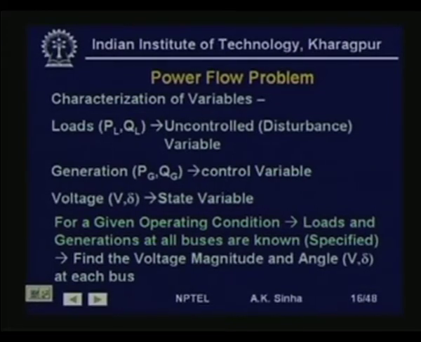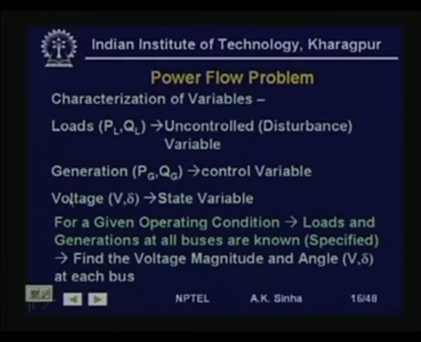So, the power system operator has no control on the consumers, they can switch on or switch off their loads as they feel like. So, these are uncontrolled or disturbance variables. Generation is of course in the hand of the power system operator, he can control the generation at various generating stations. So, generation Pg and Qg are control variables.